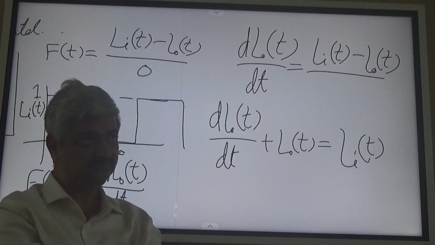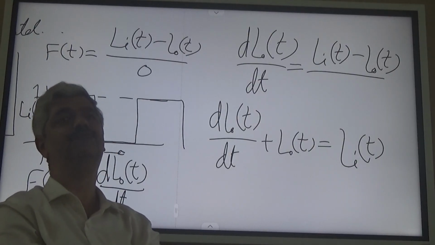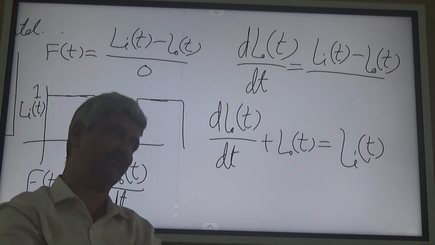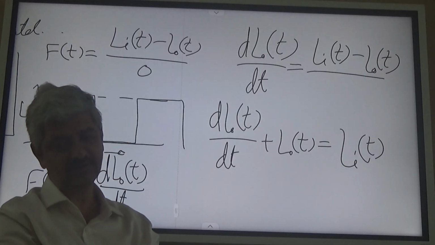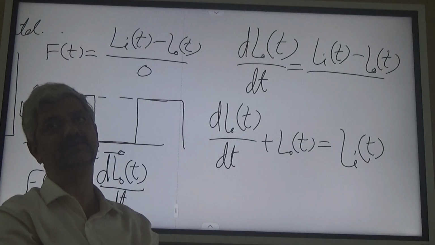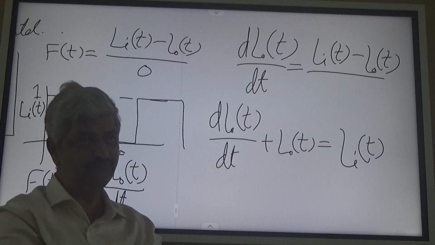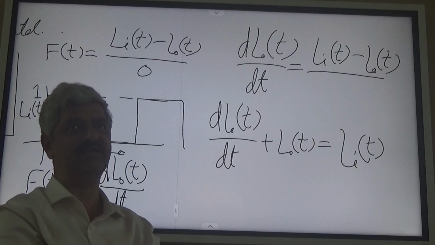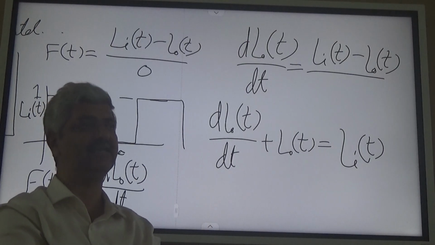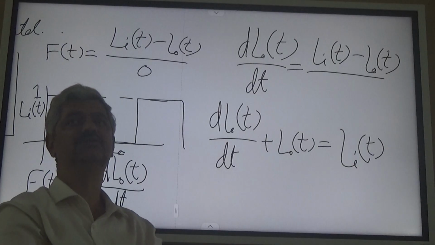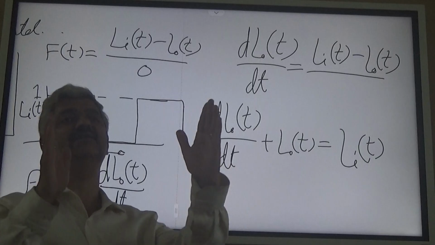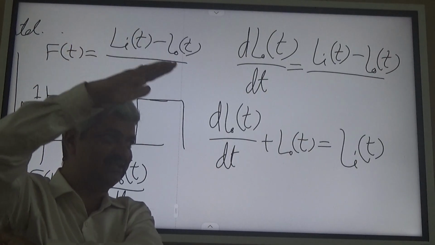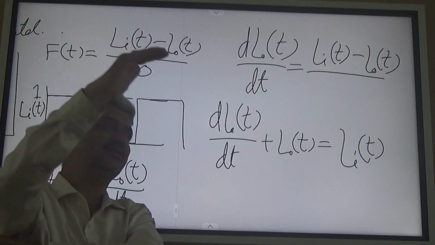Now, my question is, if I give a simple square wave, what will be the output if the tank is initially empty, the stopper is opened at t equal to 0, and the square wave I give is of the type 1 cycle per minute: 30 seconds 1, 30 seconds 0, 30 seconds 1, 30 seconds 0.